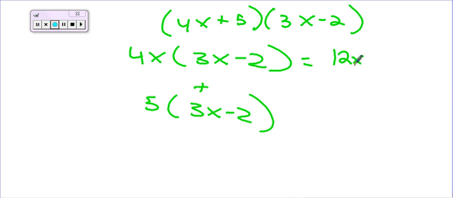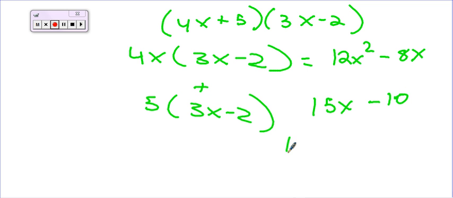4x times 3x equals what? 12x squared. 4x times negative 2 is negative 8x. Good. 5 times 3x is 15x. And then 5 times negative 2 is negative 10.